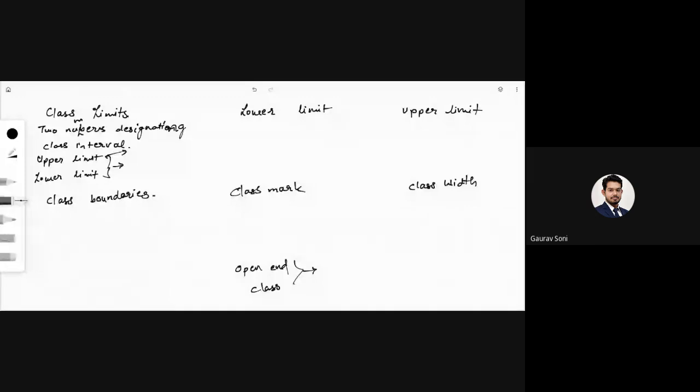Okay. Then what are the class boundaries? So you have distinct classes. For class boundaries, I'll write it down. So you have 10 to 19, 20 to 29, 30 to 39.